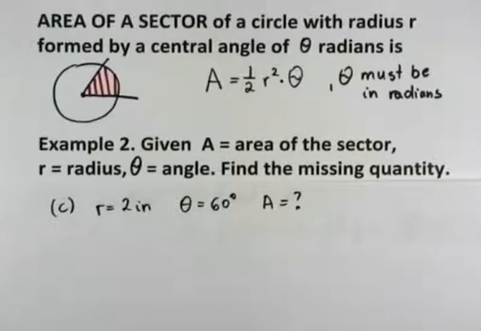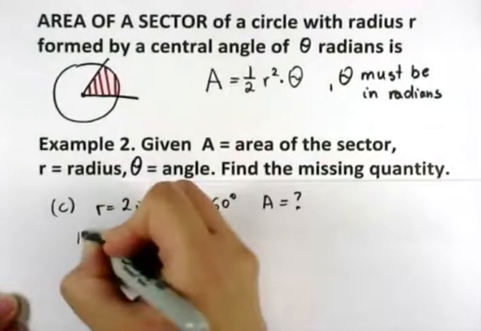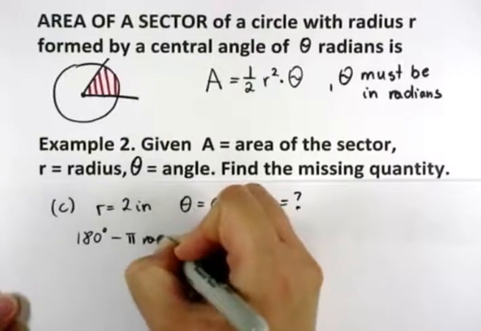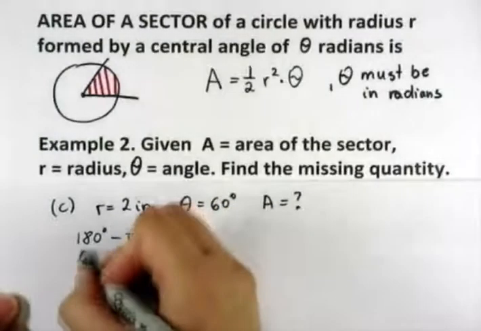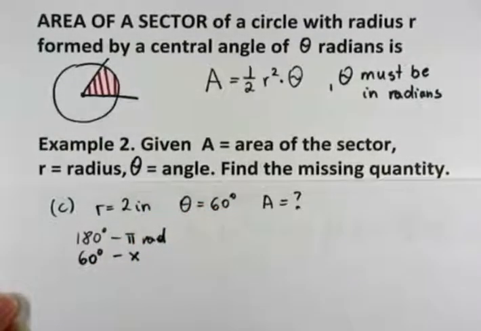So in that case, first check if my theta is in radians. No, it's not. So first thing we need to convert degrees to radians. How was it? We used proportions. We know that 180 degrees is pi radians. And now I have 60 degrees. I don't know how many radians it is.